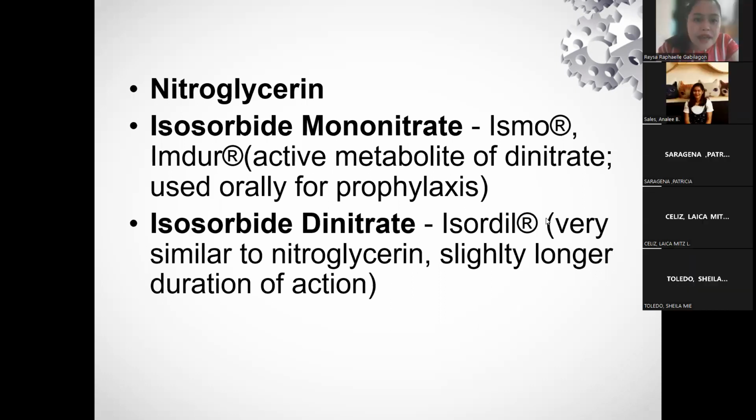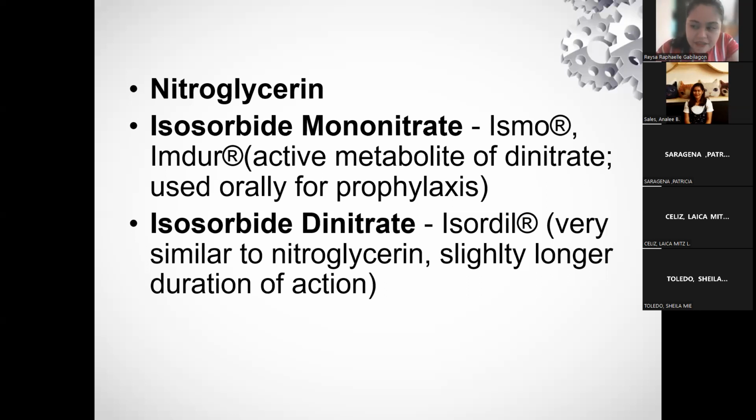Okay, how about ISDN? ISDN is isosorbide dinitrate. This is the common brand name in the market, the Isordil, the pink one, the very small sublingual tablet. So this drug, its action is almost similar or very similar to nitroglycerine, but it has a slightly longer duration of action.